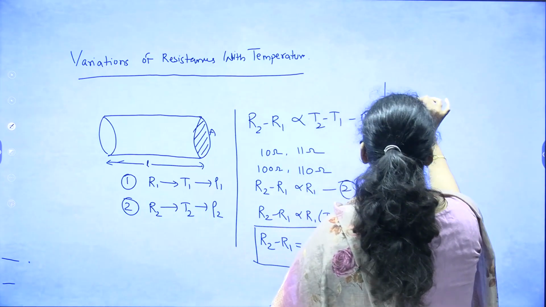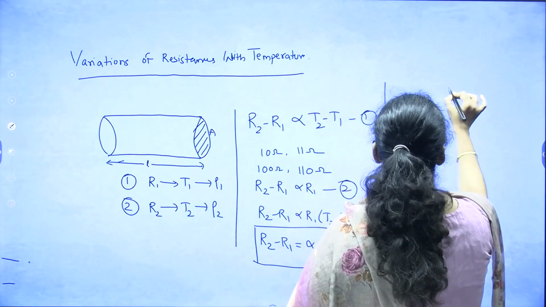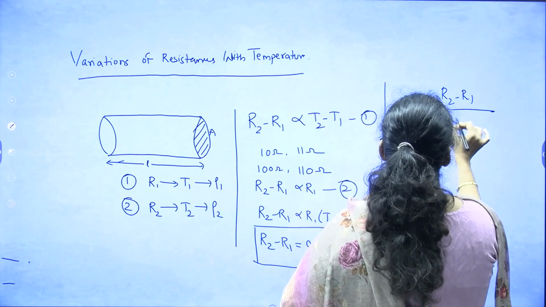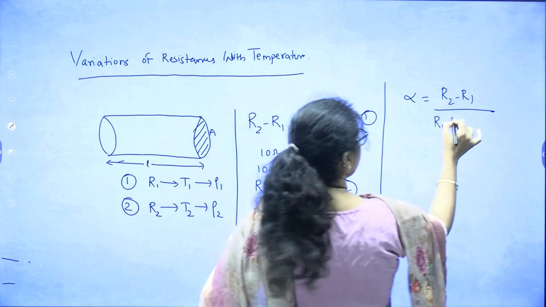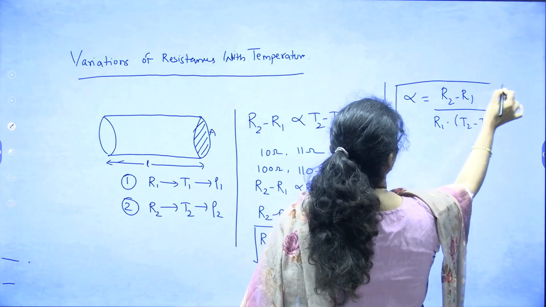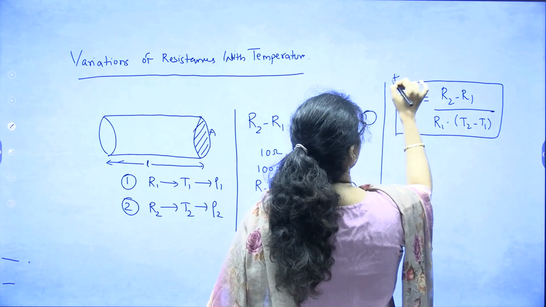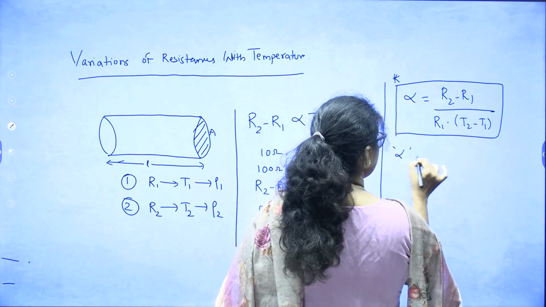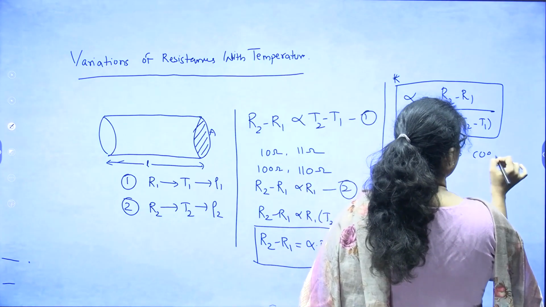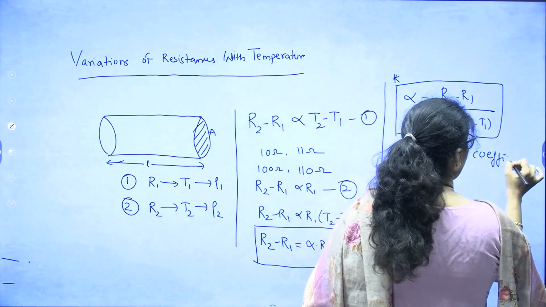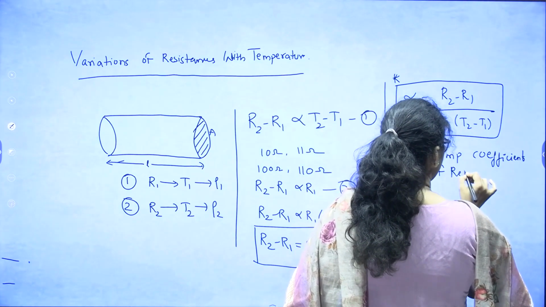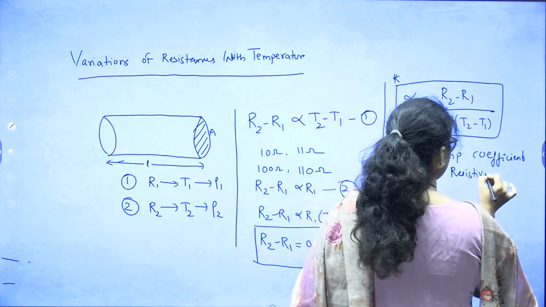From this, we'll find alpha is equal to R2 minus R1 by R1 into T2 minus T1. Very important formula for solving the numericals. So alpha is the temperature coefficient of resistivity, very important.